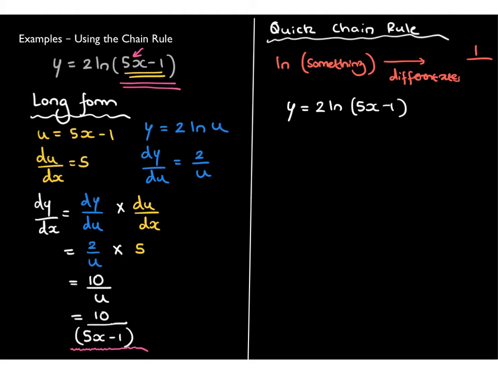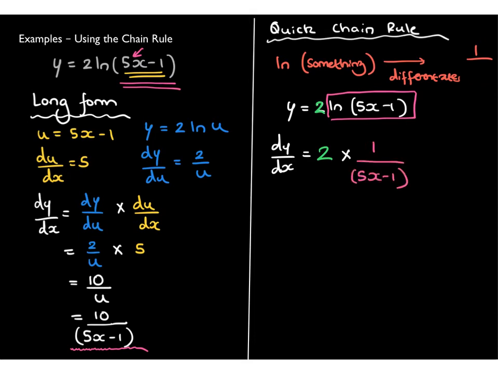Now please remember that this 2 is purely a multiplicative scaling factor here. dy by dx will feature the 2. And then I look at the fact that overall this is an ln function. And I know that ln functions differentiate to 1 over. So it's going to differentiate to 1 over 5x minus 1, 1 over something. It's ln of something, it differentiates to 1 over something.